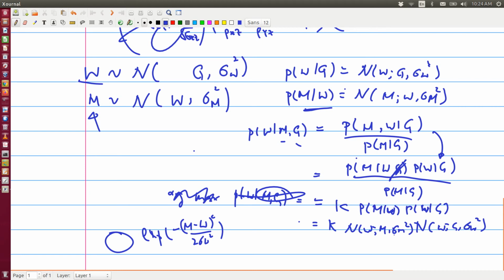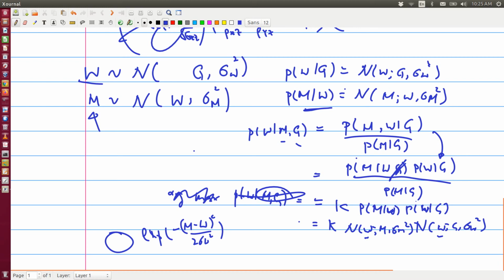Now, the product of two PDFs for the variable W, the product of two Gaussian PDFs, is still Gaussian-like, but of course in general it doesn't need to be normalized. If you multiply these two together, you get some constant, some normalization factor coming up.